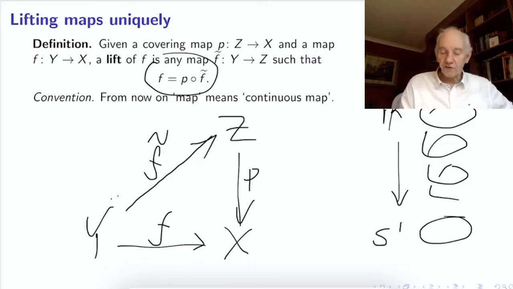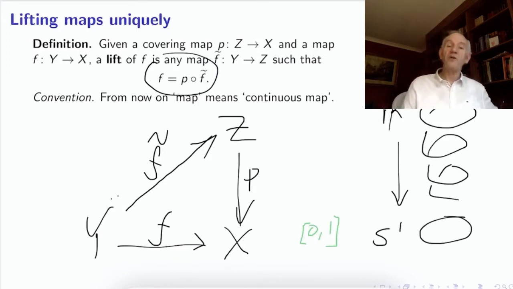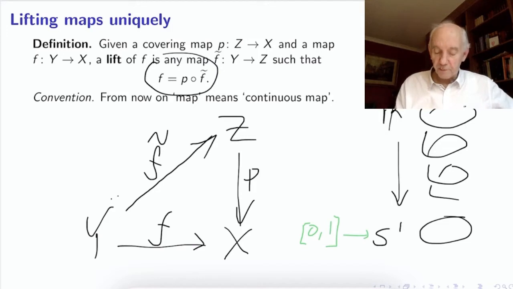Now, if we go back to this familiar example, suppose you had a path in S1. A path is a map from the interval to S1. A loop would be a map from S1 to S1. Suppose we have a path in the circle that starts at this point 1, which I mentioned before.